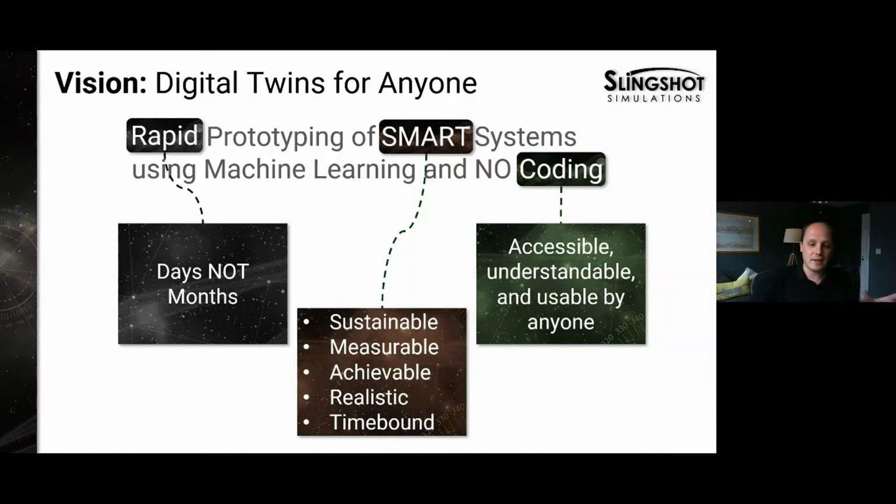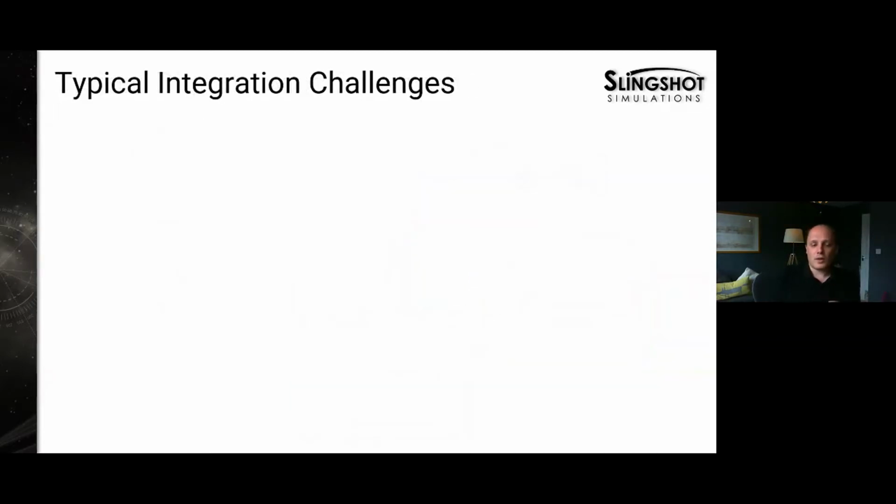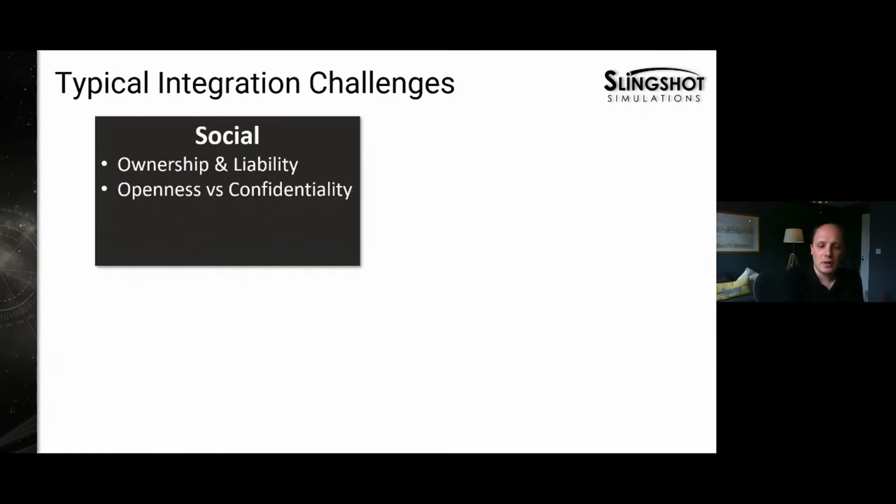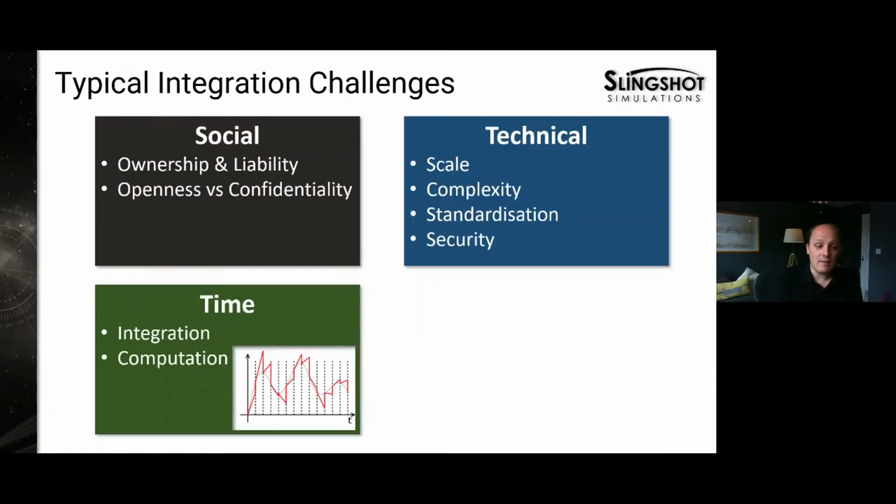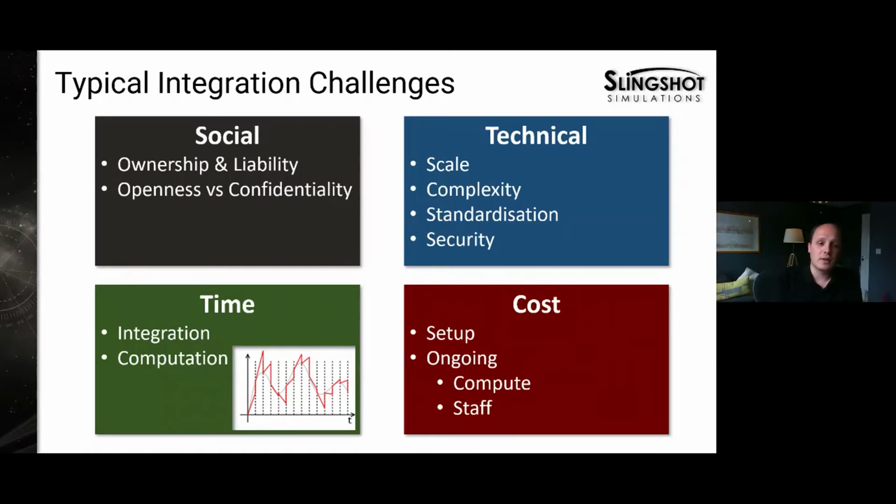So there really is every spectrum, and we need everyone to be able to use them and actually retrieve the benefit of it. So that being said, what are some of the key challenges that we've seen over the last decade? They fall into 4 categories. We've got social, technical, time-based, and cost challenges.